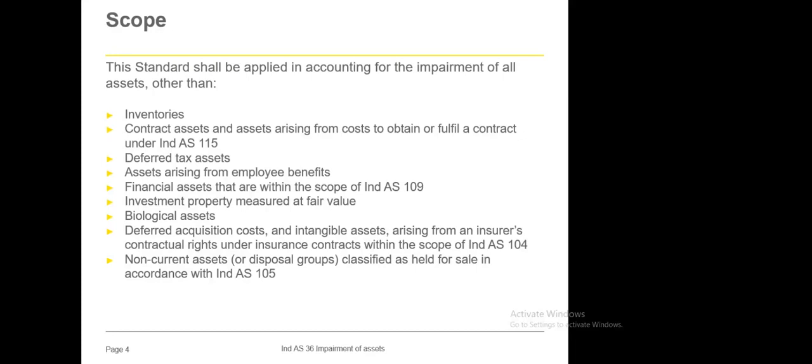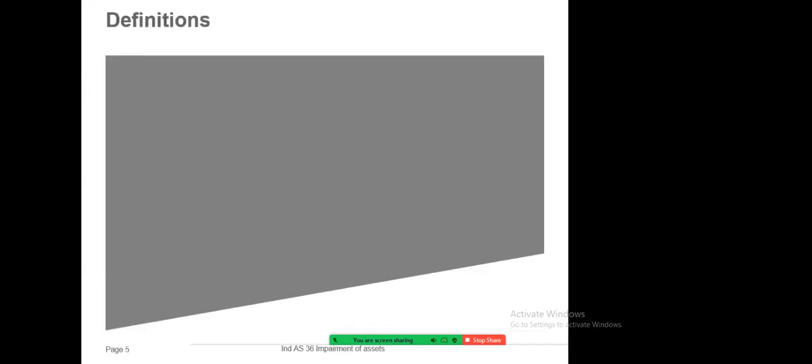So this standard of Ind AS 36 is applicable on all the assets, except a certain category of assets which are covered under any other accounting standard. Here we have excluded the assets which are covered under any other accounting standard. That could be your 105, 109, 104, 115, or any other asset for that matter.